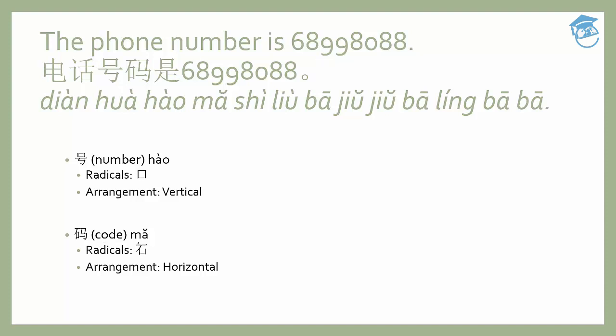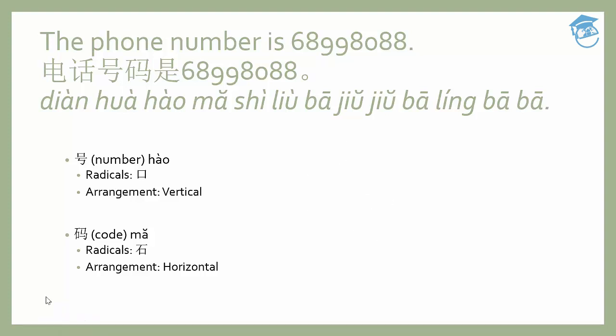This is the pinyin mǎ, and the radical is what's on the left there. So the arrangement is horizontal because you have left and right components. Let's look at how to write 码. 1, 2, 3, 4, 5, 6, 7, 8. 8 strokes for this word.